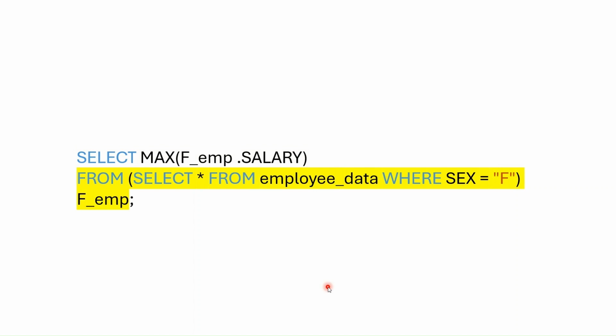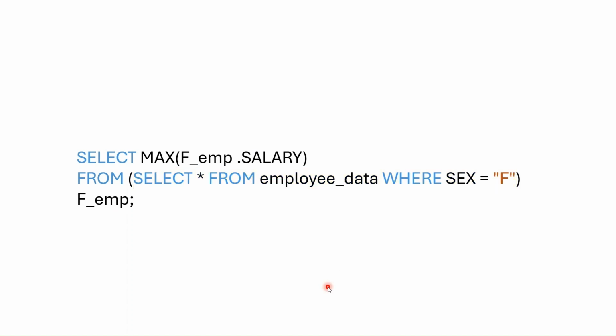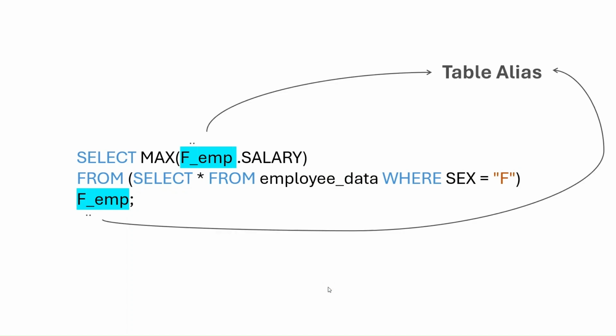Okay, so we can see the subquery in this query, which is the query encased in parentheses there. And now I also want you to notice the f underscore emp used in this query. So this is the table alias.